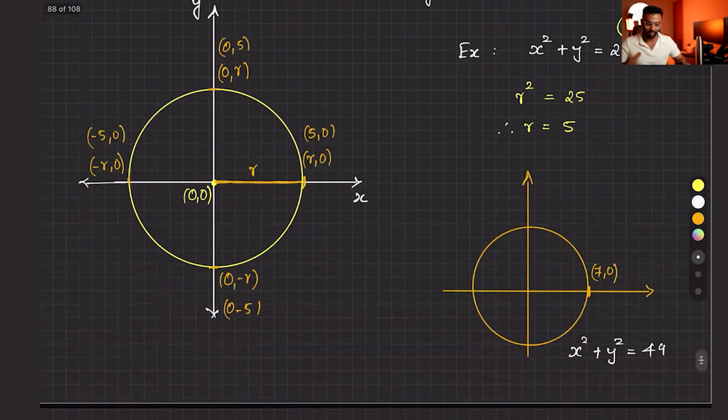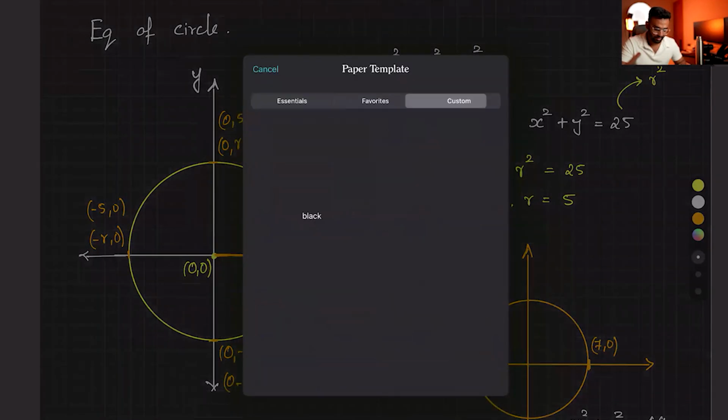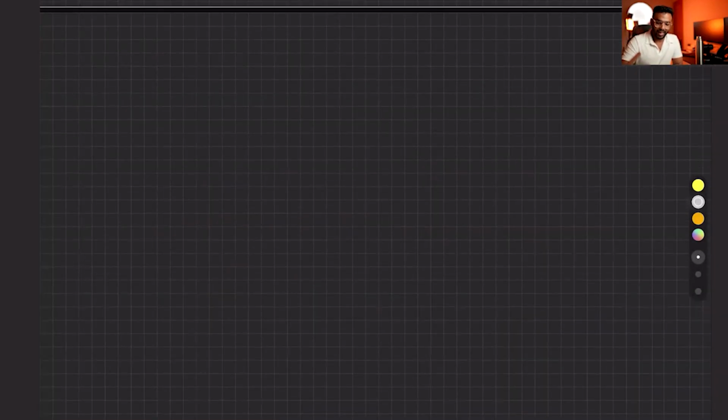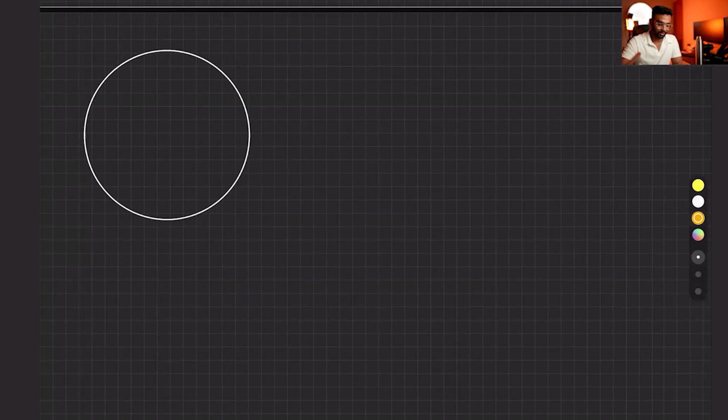Now, we have something important. Watch this. You can have a quadratic simultaneous equation, which means you have a circle and a line that can pass through it.